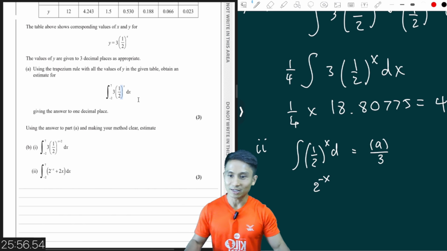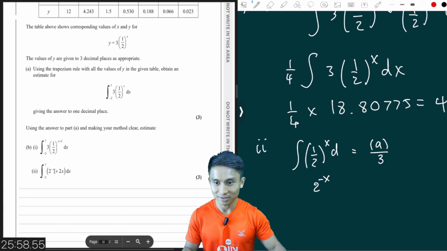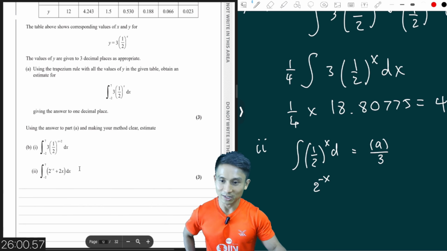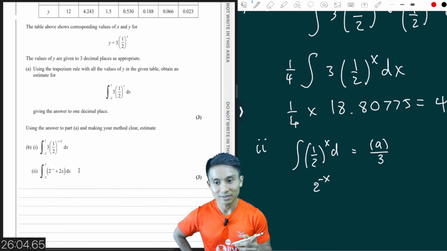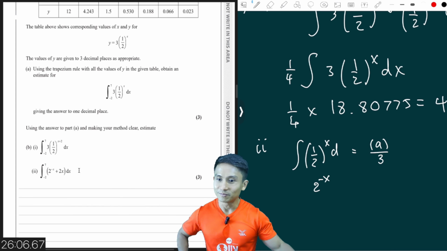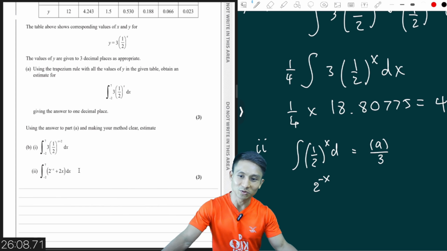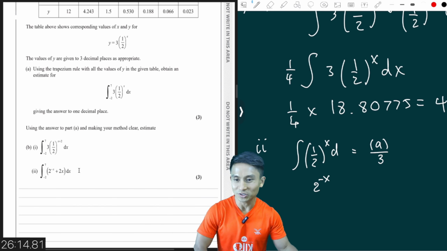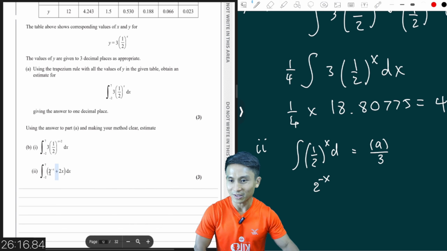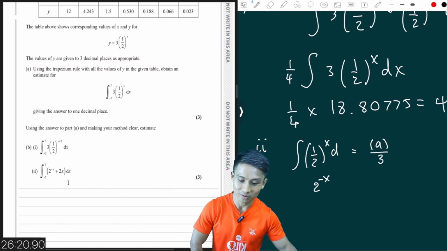The reason I'm saying this is because we have this, right? That's 2 to the minus x there. So that's just 1. Okay, we can find that. Now, what about the 2x? Well, 2x here is a little trickier. Well, no, it's not. We just integrate that manually. We just use the answer to part A to estimate the first one. The second one, we should find the exact integral, right?